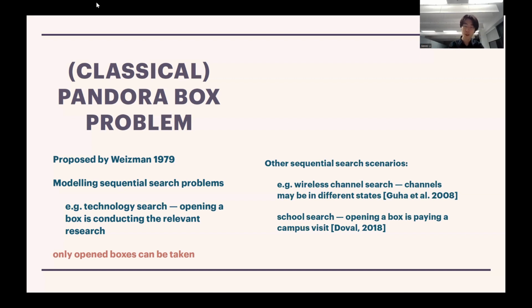You have a distribution, but to have a certain evaluation of that school, you have to first pay a campus visit. But if you already know some school is your dream school, with a very good distribution, then this campus visit is not necessary. In other words, you can take that school without inspection.